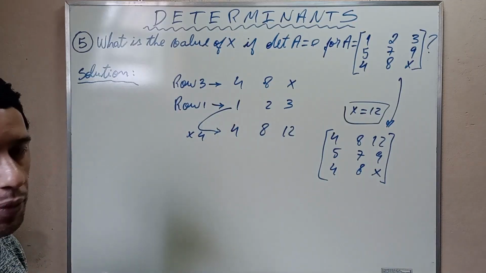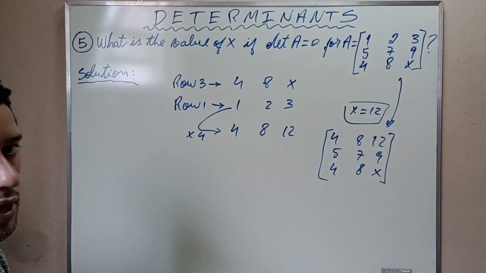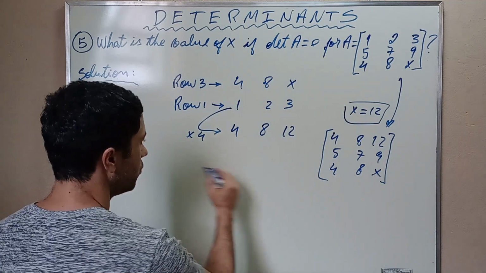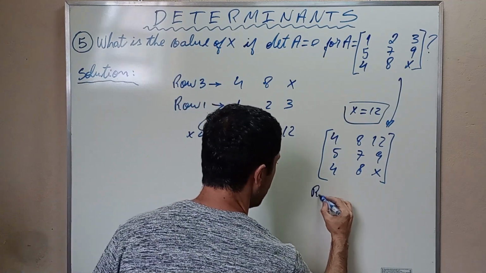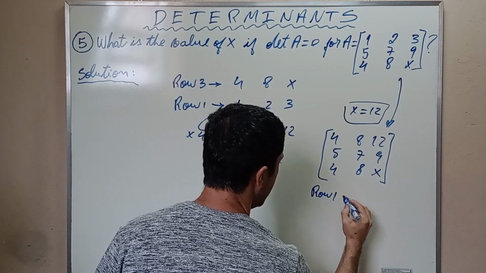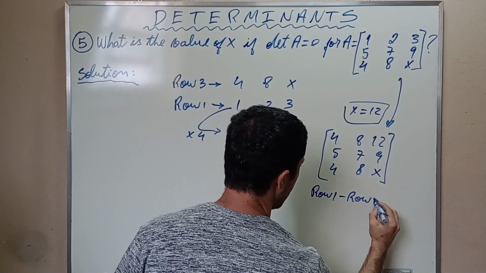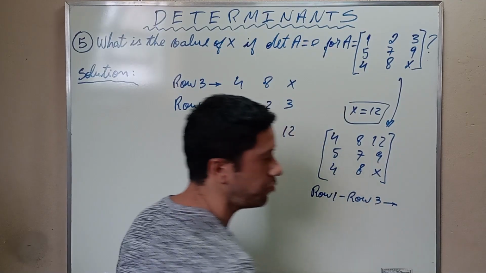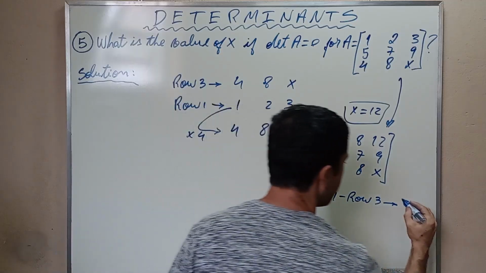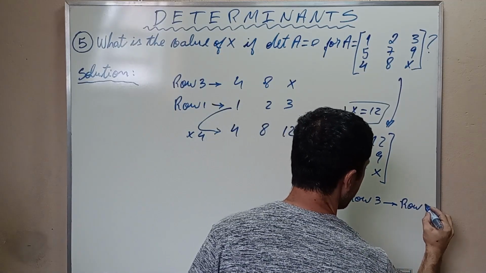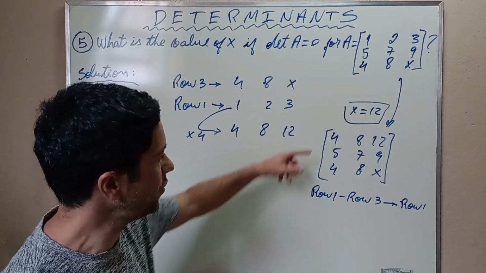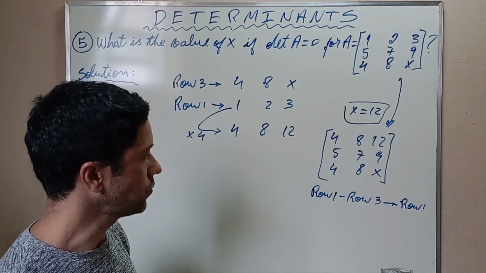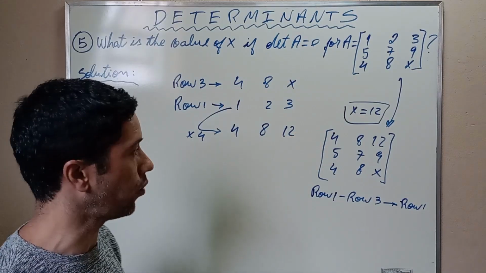And there is a property of matrices that enable me do this: row 1 minus row 3, and I can substitute in row 1. But if they are equal, the result will be 0, isn't it?